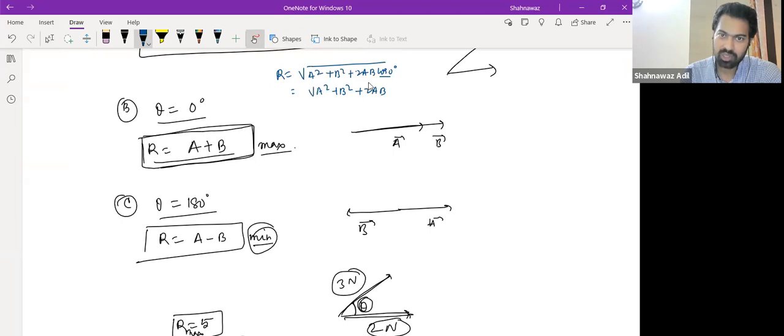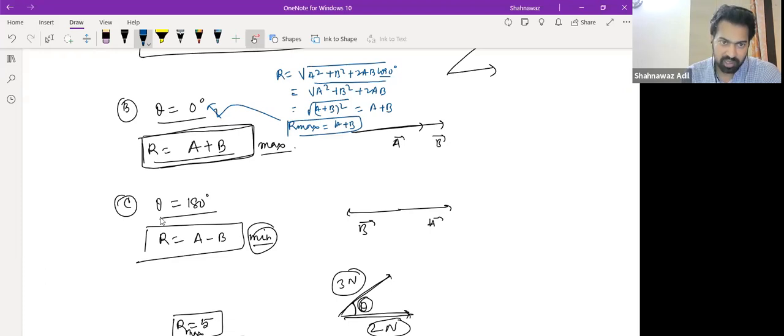This we had done in class, right, Akib? So keep revising. This gives us (a plus b) whole square. So this is R max for theta equals 0 degrees.